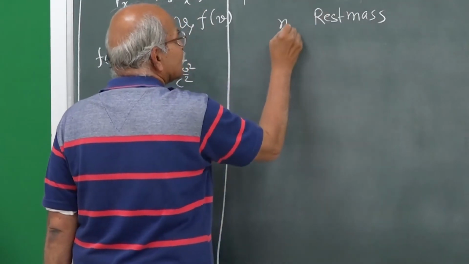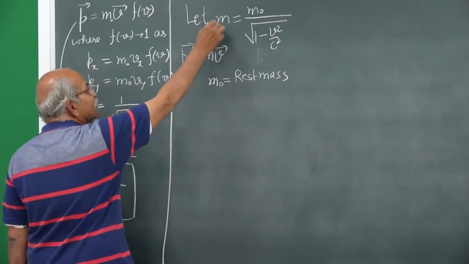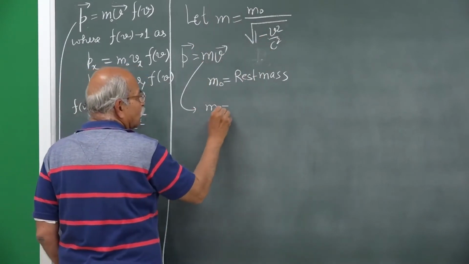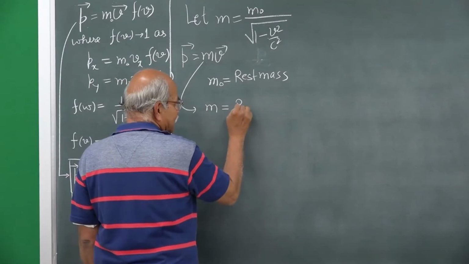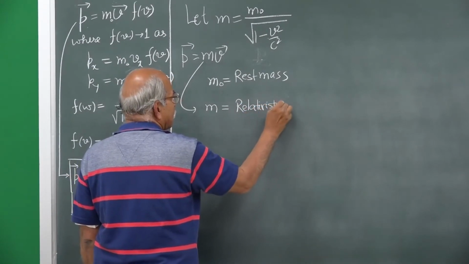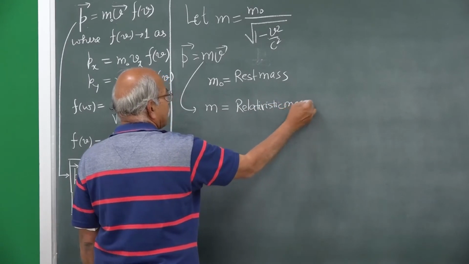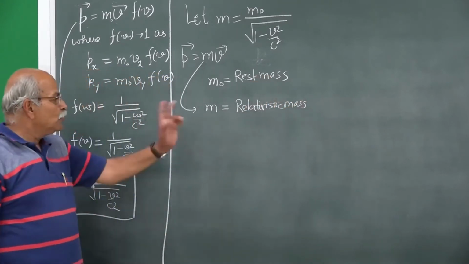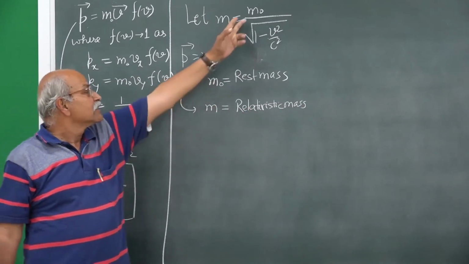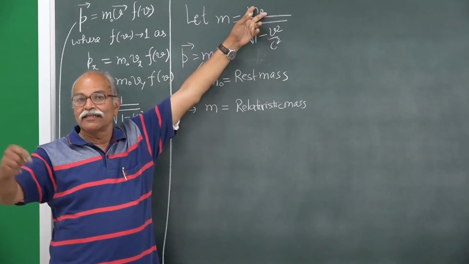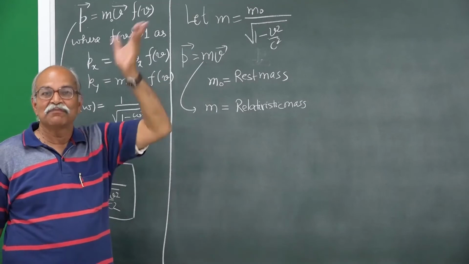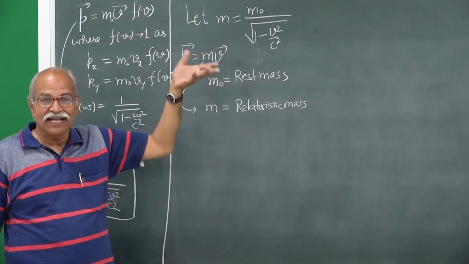M naught is called the rest mass of the particle, and this m, which is defined this way, is called just relativistic mass. If you use this word relativistic mass and define that as the mass of the particle, which is quoted in the textbooks, the mass of the electron is 9.1 into 10 power minus 31 kg and all that.